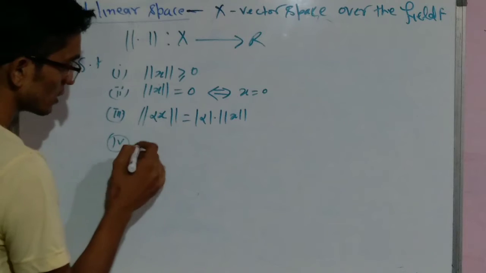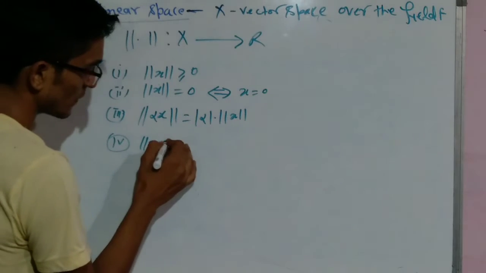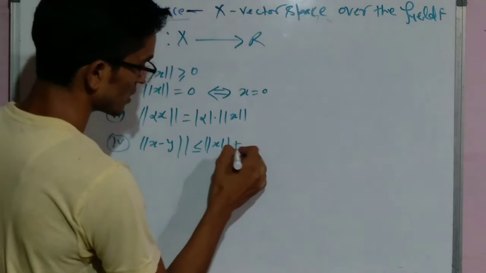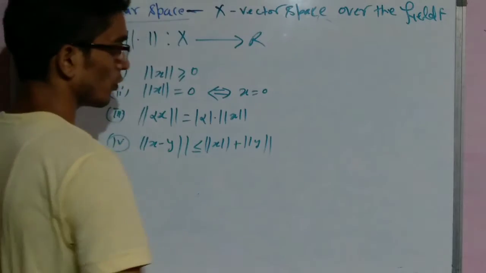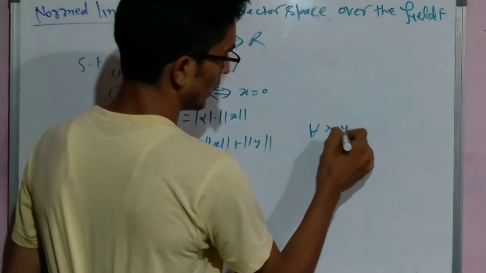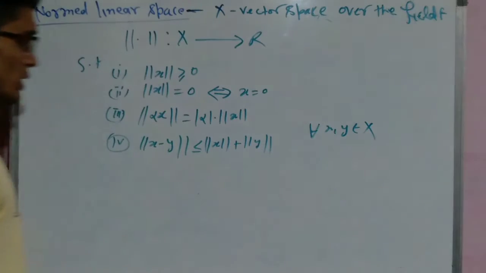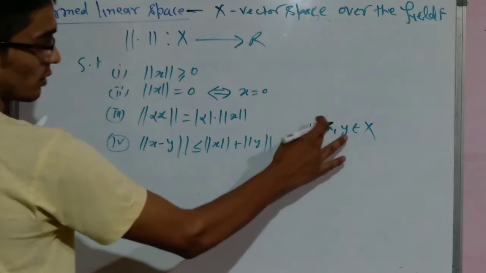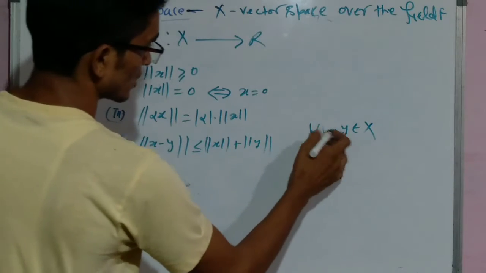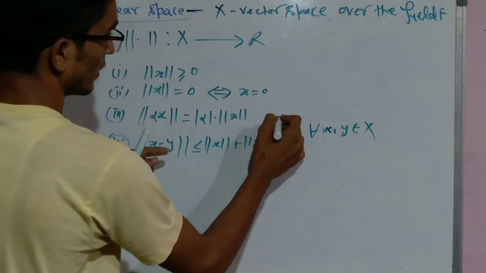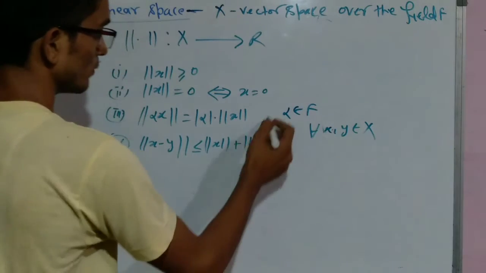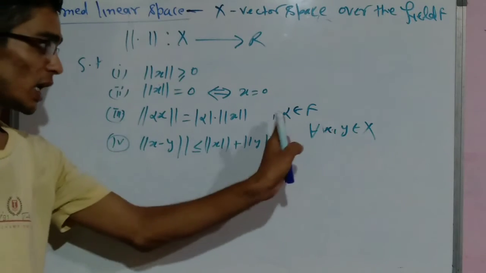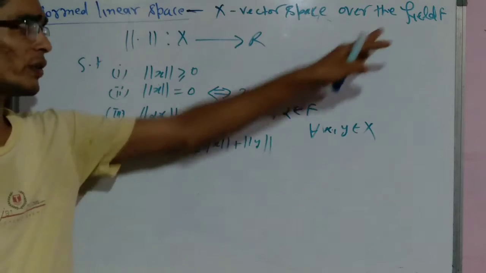And fourth, norm of x plus y is less than or equal to norm of x plus norm of y, for all x, y belonging to X and alpha a scalar belonging to the field F. If all the conditions are satisfied, then it is a normed space.